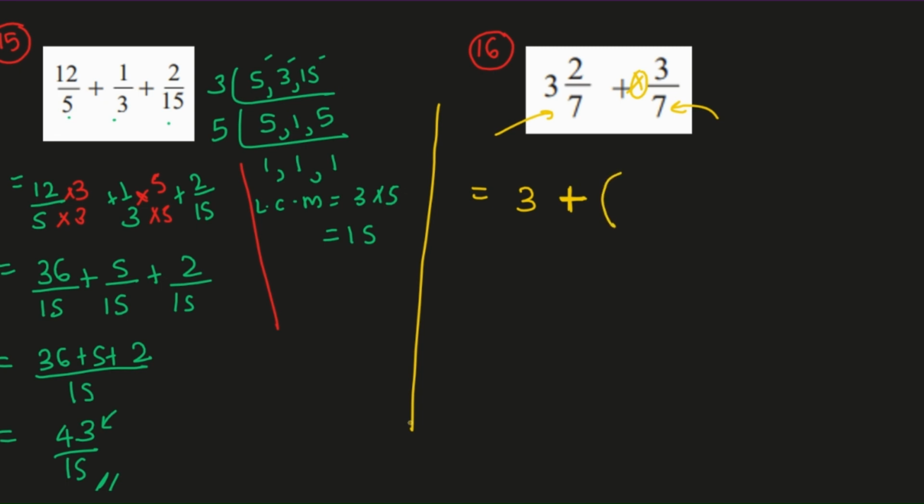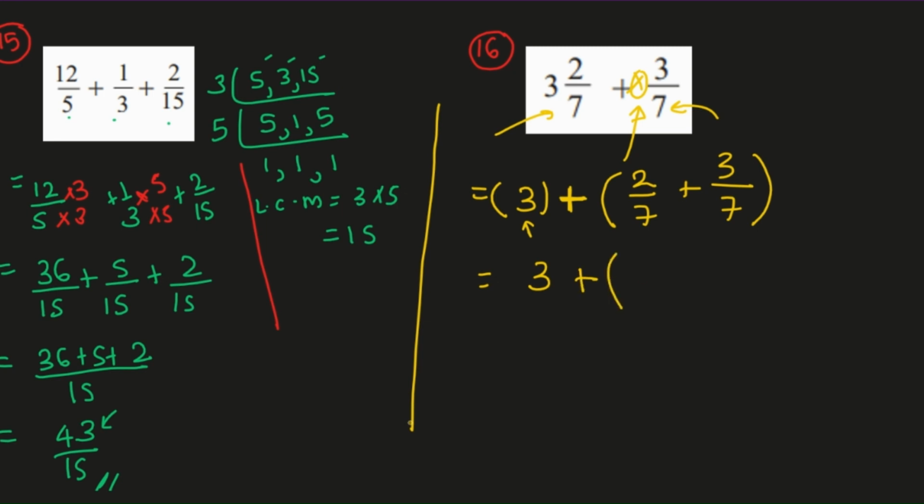So then 2 upon 7 plus 3 upon 7 can be done separately. Please put brackets. It's not necessary here, even though you cannot see any value in here. But in case there was another whole number, then definitely you should put brackets here as well, right? So 3 can be kept as it is, 3 plus, then what?